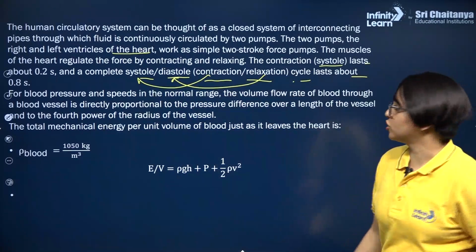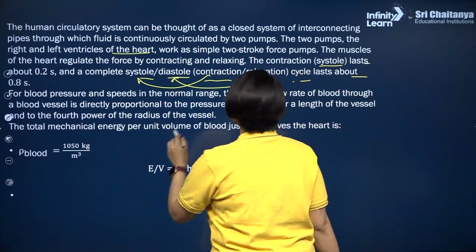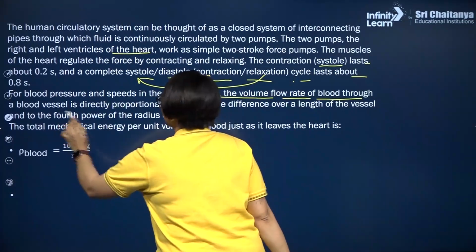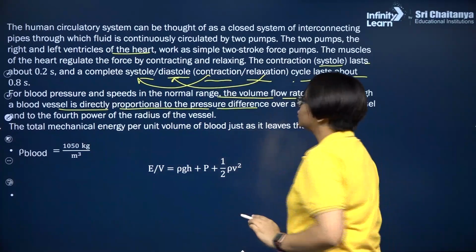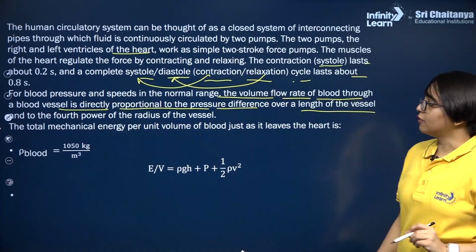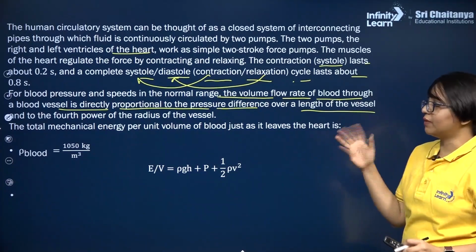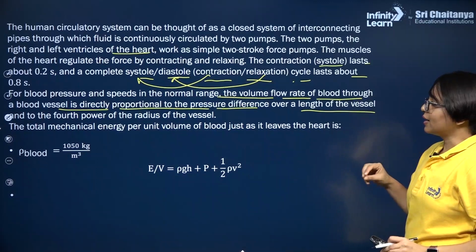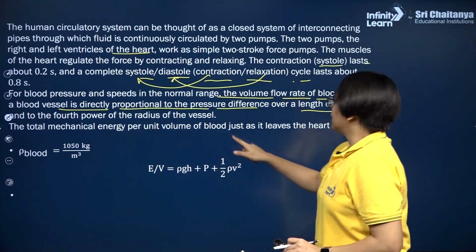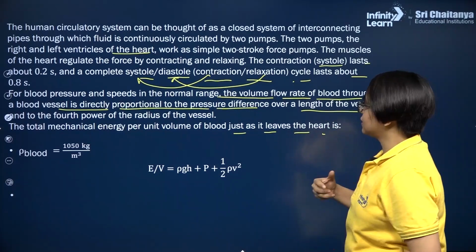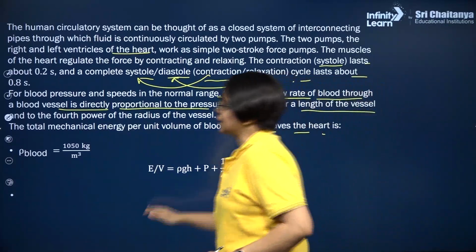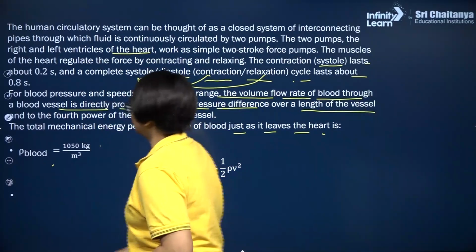For blood pressure and speeds in the normal range, the volume flow rate of blood through a blood vessel is directly proportional to the pressure difference over a length of the vessel and the fourth power of the radius of the vessel. The total mechanical energy per unit volume of blood just as it leaves the heart is rho gh plus p plus half rho v square, right, and density of the blood is given this much.